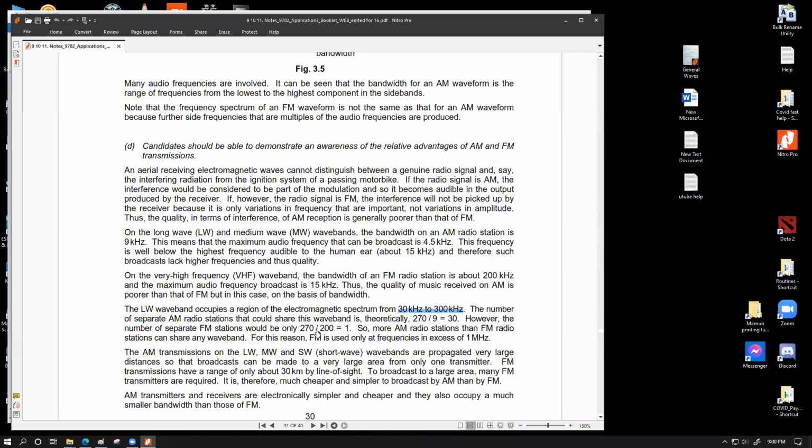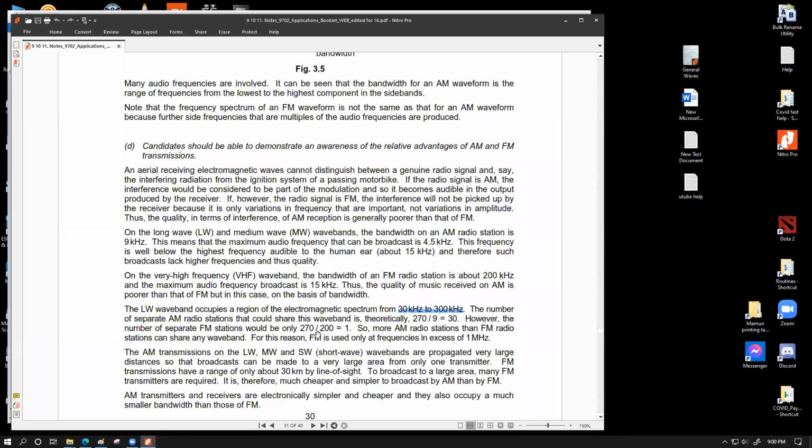So if we want to use FM stations in this range, their bandwidth would be 200 kilohertz. So in one physical geographic region you couldn't operate more than one FM station. This is why typically FM stations are not used in this range. FM stations have their carrier waves in excess of 1 megahertz. To be honest, if you try to tune through your cell phone, the first radio station you might get starts from 85 megahertz.